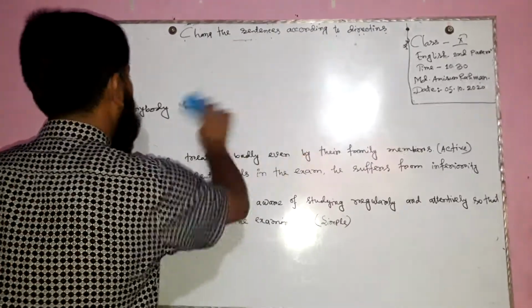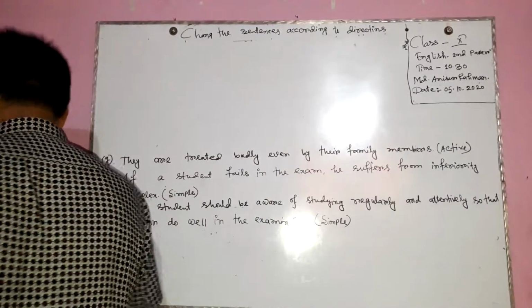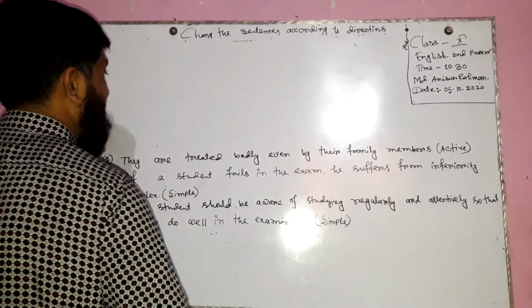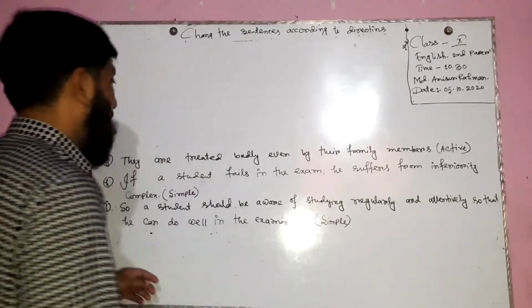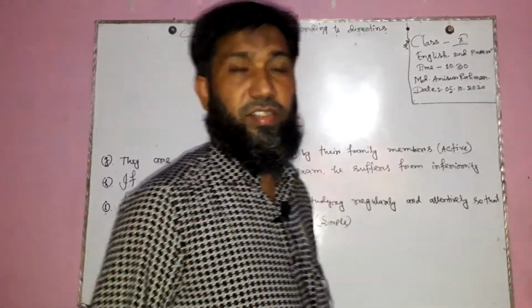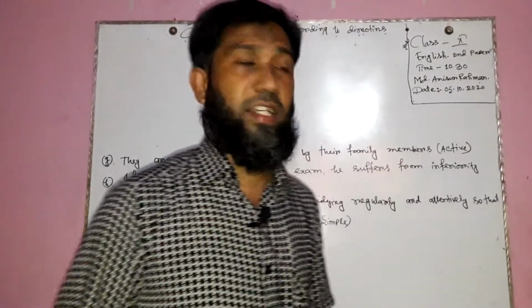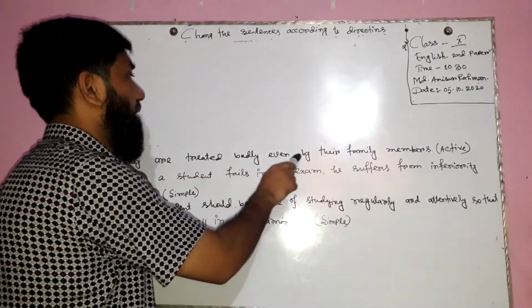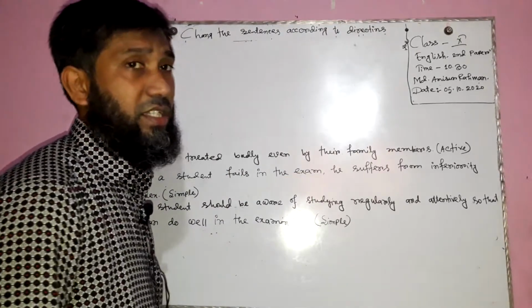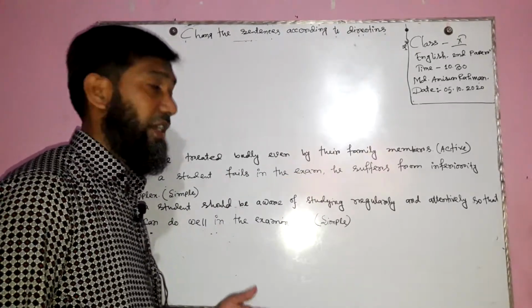Now number G. They are treated badly even by their family members. Change the voice to active.